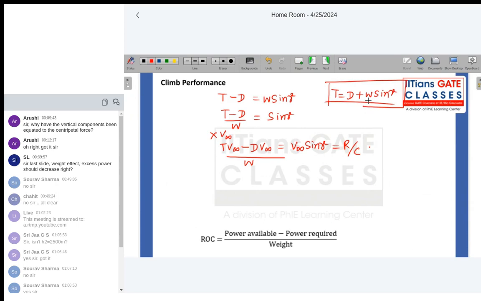You should have more thrust because a component of weight is also acting opposite to the direction of thrust, so you have to balance that thrust also. Because based on this, many questions were asked in GATE in recent years. Clear, everyone? Yes, then continue.